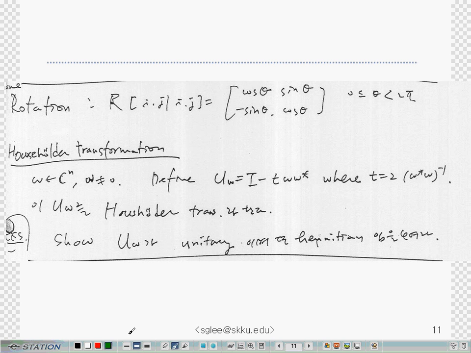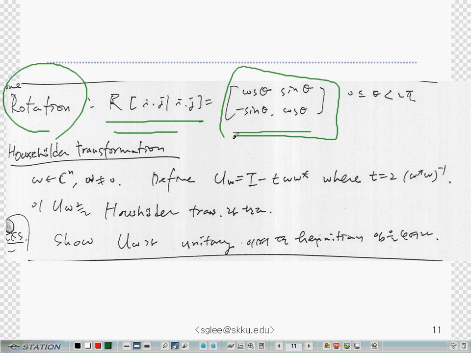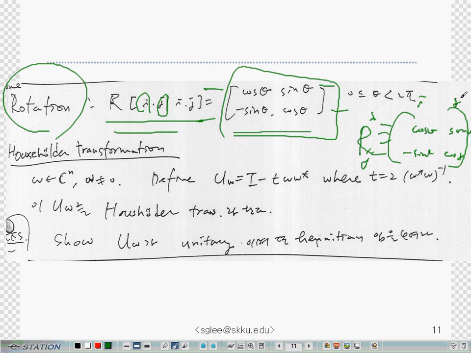Next, the rotation. You have seen this matrix. Suppose we have a matrix with cosine theta and sine theta here, minus sine theta and cosine theta here, at rows i and j and columns i and j.